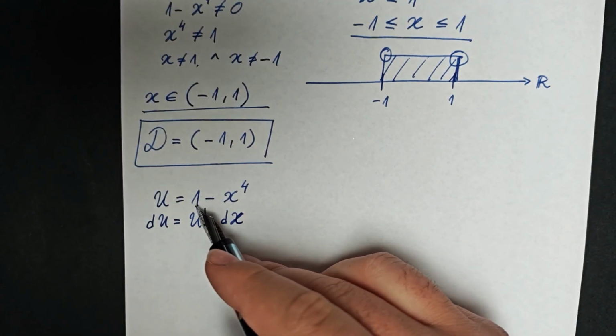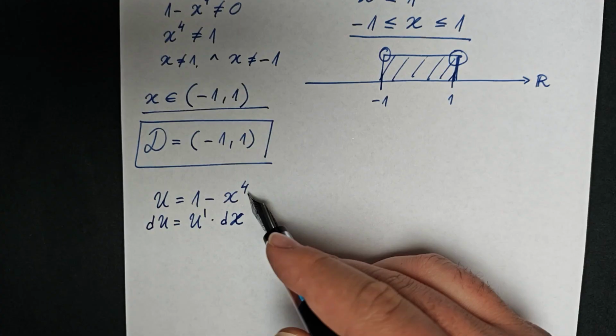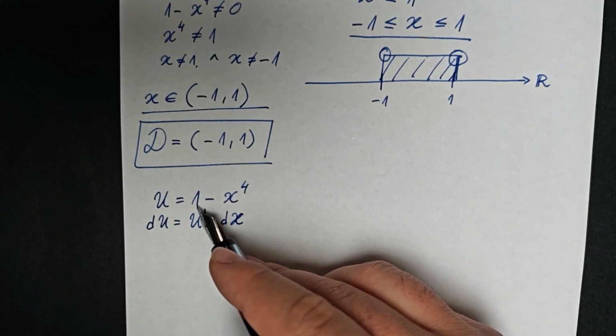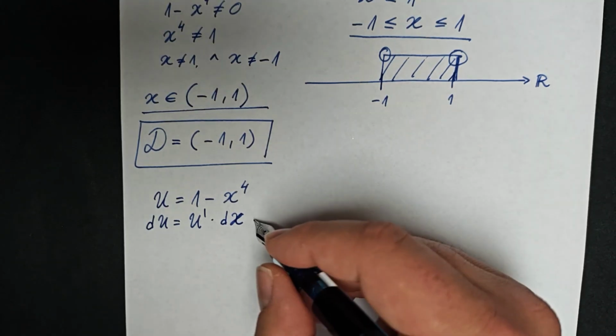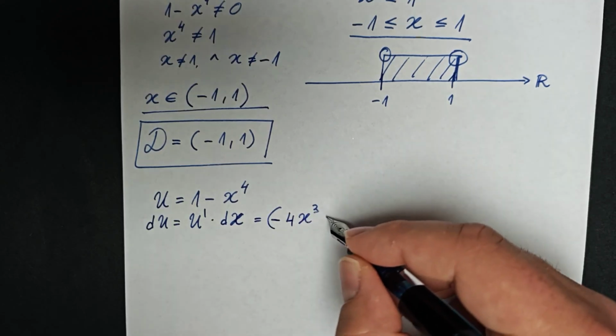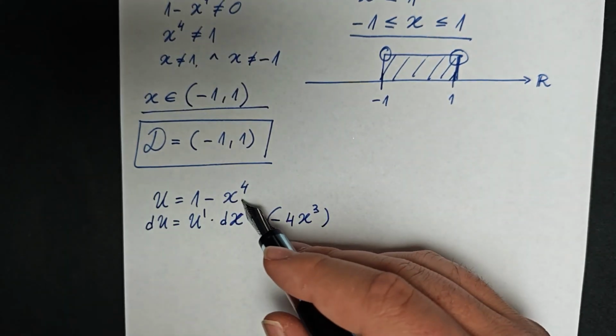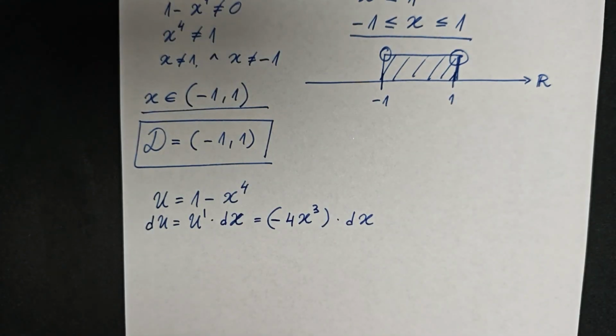What is the derivative of 1 minus x to the fourth power with respect to x? The derivative of a constant is 0, and negative x to the fourth power is going to give you negative 4x cubed. That is the derivative of u with respect to x, multiplied by the differential of x.